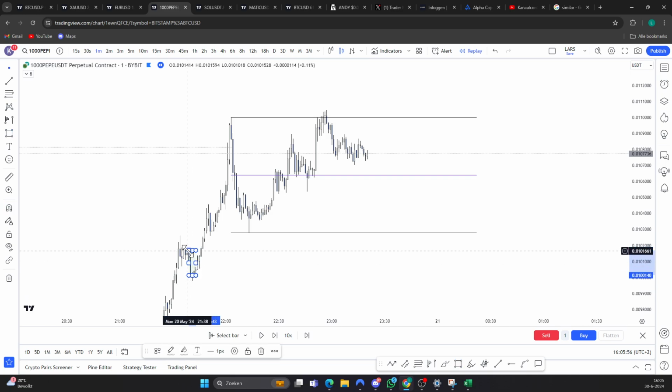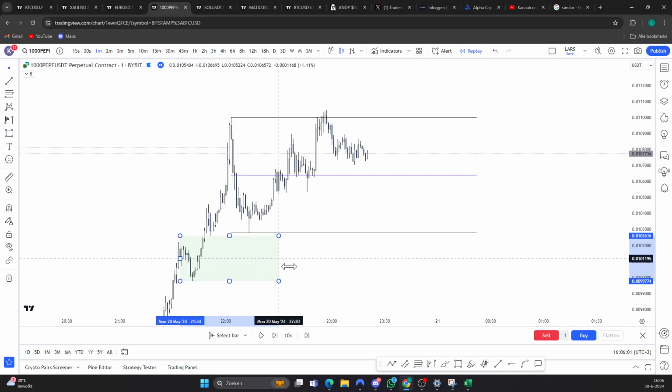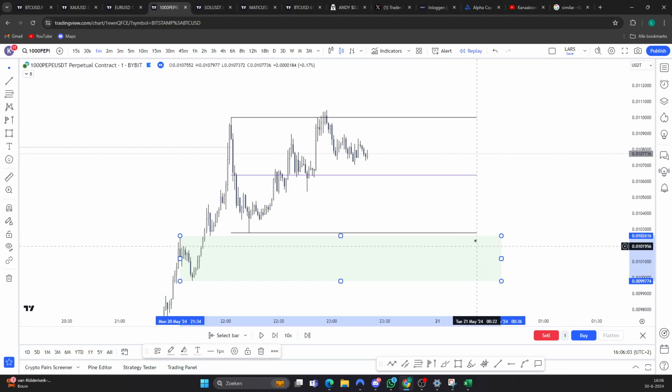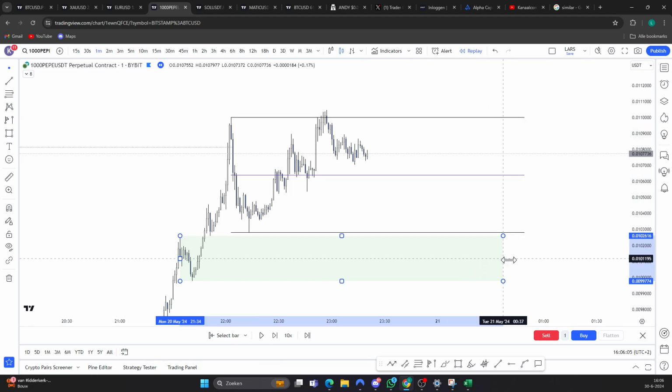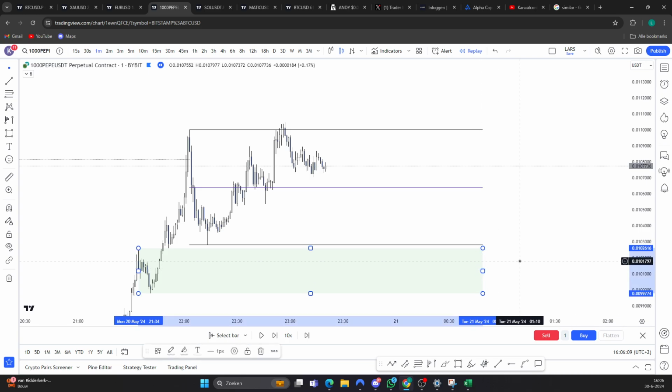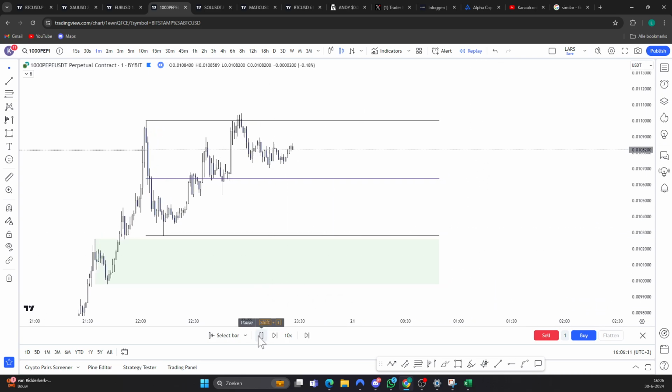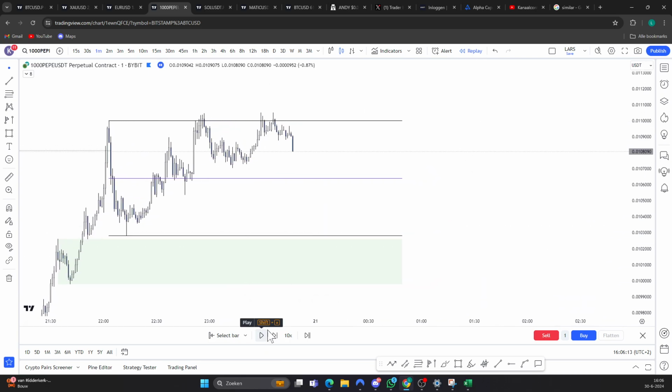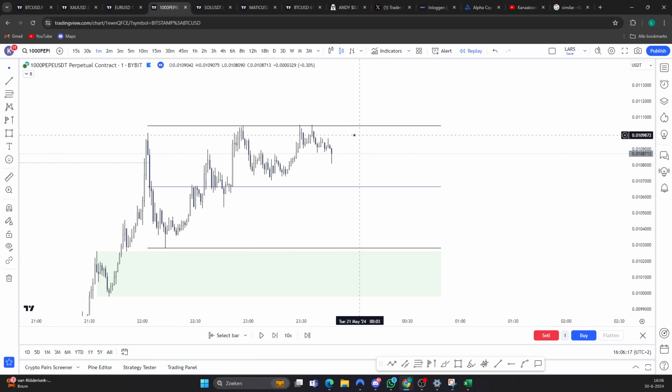Some demand below the range low. I am aware these are time zones where I don't really want to trade. Just to see if we can pass through Asia. Did it take that high? It did take that high.